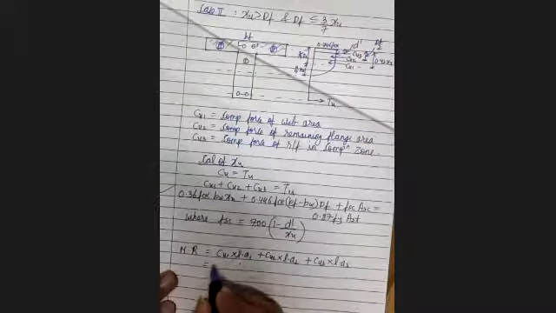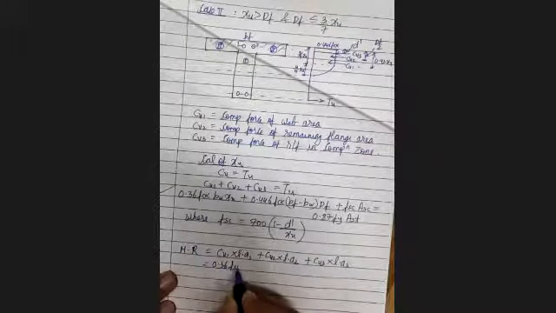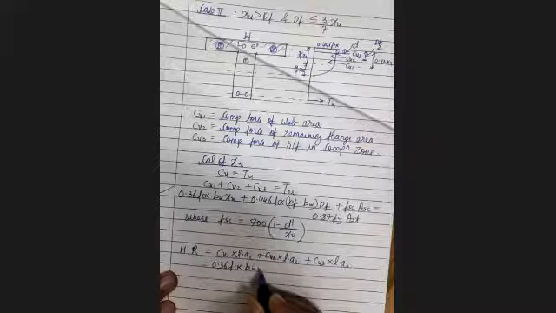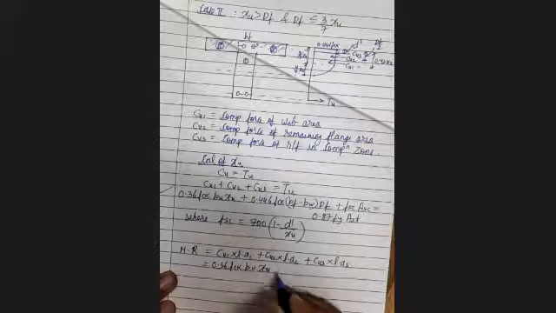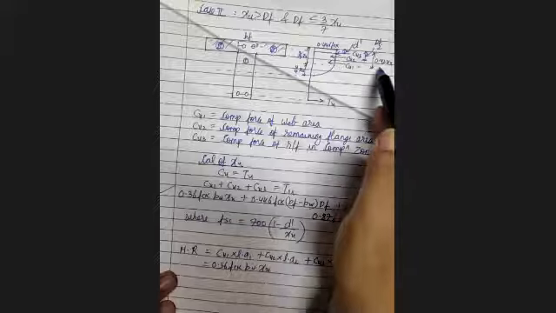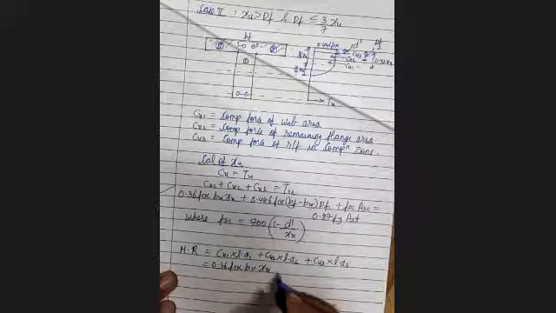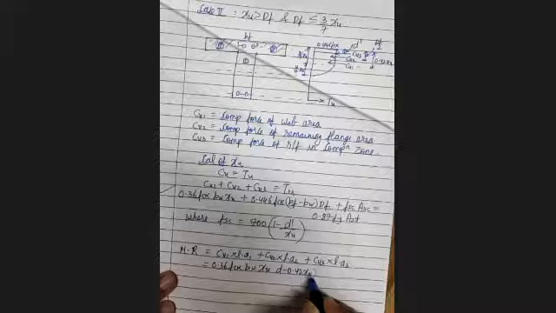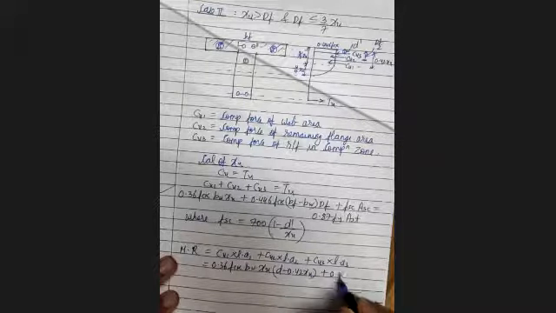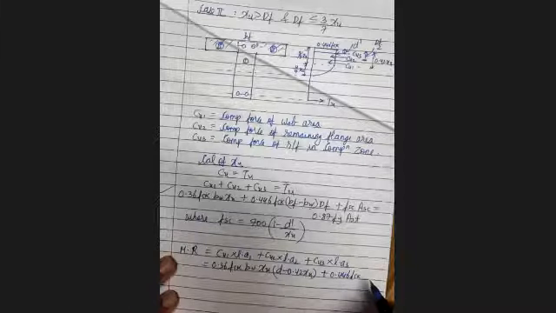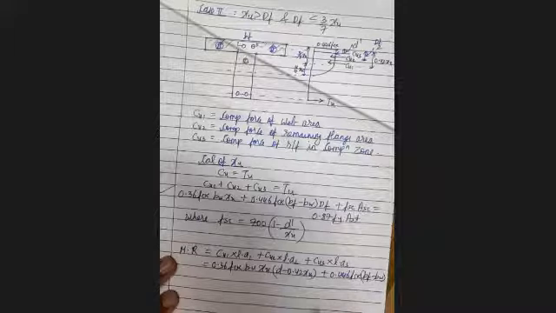Cu1 is 0.36 fck bw into Xu, into lever arm 1. What will the lever arm of 1 be? d minus 0.42 Xu, plus Cu2, what is Cu2? 0.446 fck (bf minus bw) into Df.